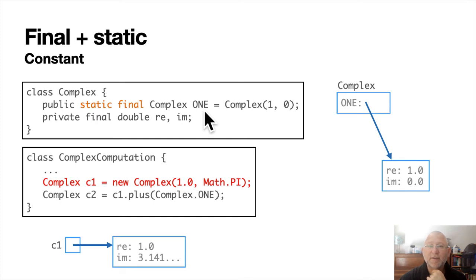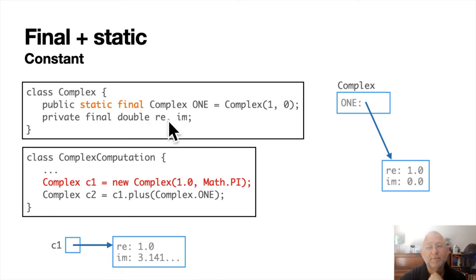Before I go on, I should mention that we usually use a convention that static and final fields, so constants, are written all in capital letters. The other convention we use is that classes start with a capital letter and fields and methods start with a small letter. So this is just a convention.